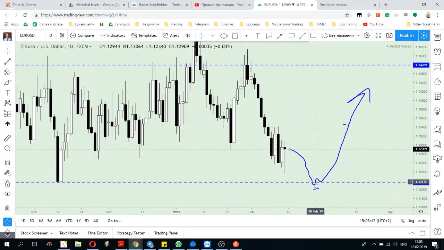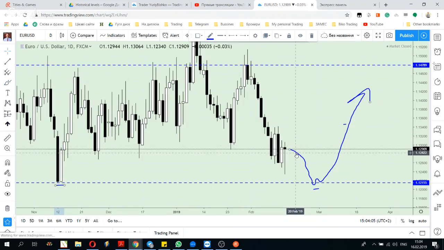Only from this place price can start a really powerful up move, because at this moment a lot of people who open buy positions set their stop losses under this low, and big players know it. Big players very often make a lot of fake breaks before starting a new trend. That's why I love it.